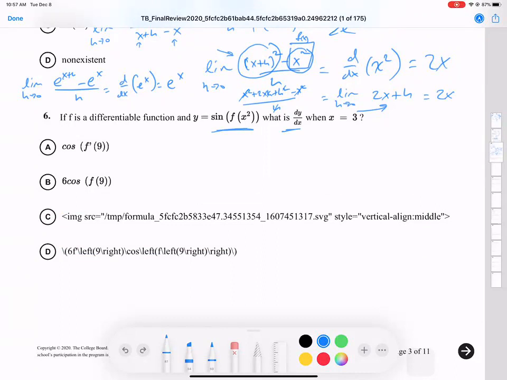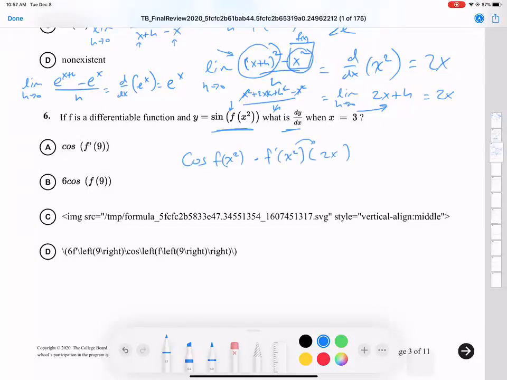And so that means we can do chain rule on this. The derivative of sine is cosine. Leave the inside alone. Times, we take the derivative of f, which is f prime, leave the inside alone. And then the derivative of the inside is 2x.